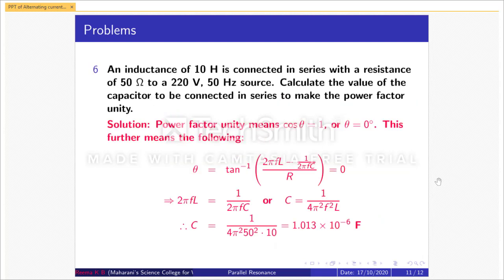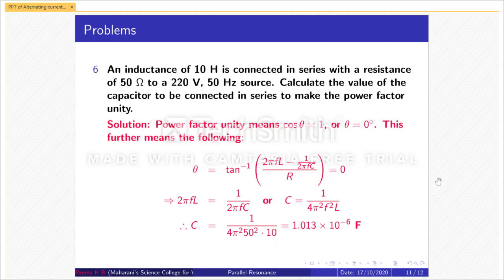Problem number 6. An inductance of 10 Henry is connected in series with a resistance of 50 ohm to a 220 volt, 50 Hz source. Calculate the value of the capacitor to be connected in series to make the power factor unity. Solution.